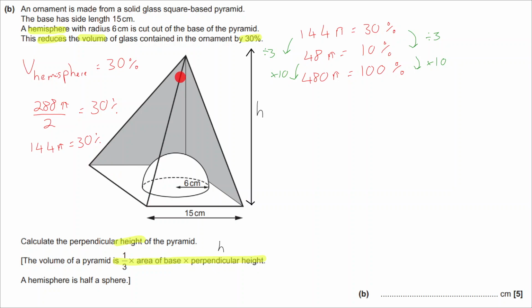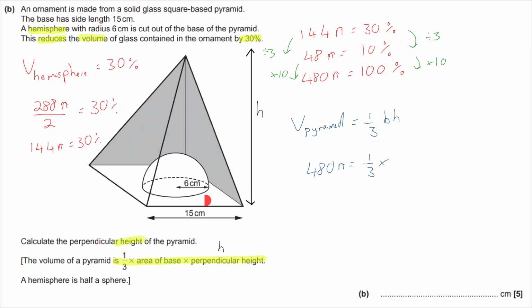So we can say that now the formula of the pyramid, so the volume of the pyramid, V of the pyramid, is equal to a third times the base times the height, and the volume of the pyramid is 100% of the volume, so that must be equal to 480 pi. 480 pi is equal to a third times the base.